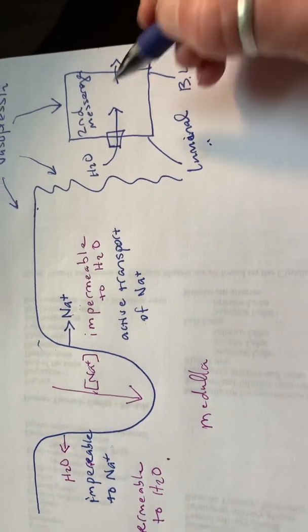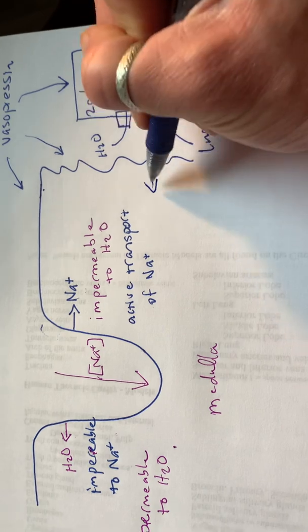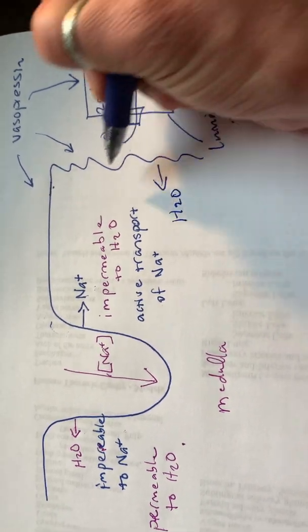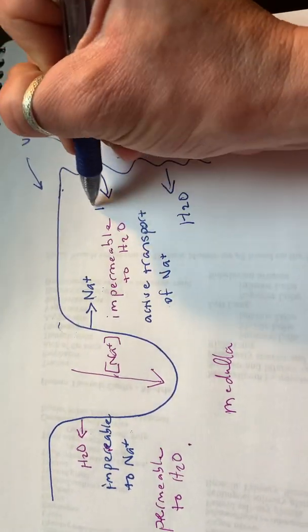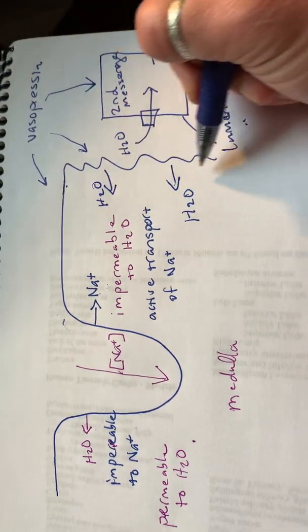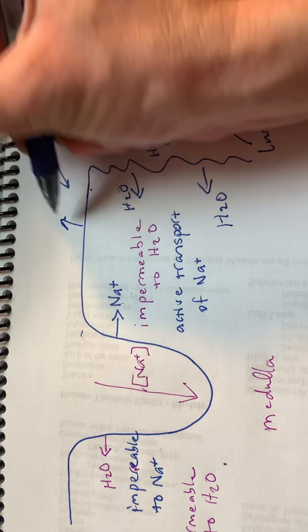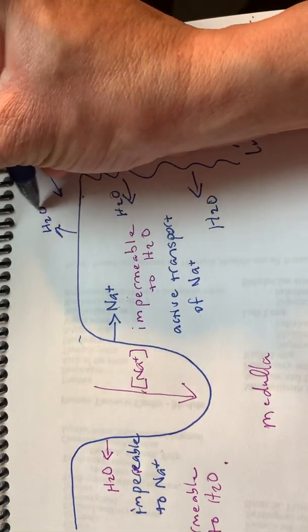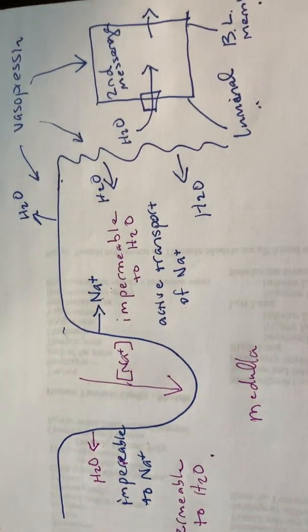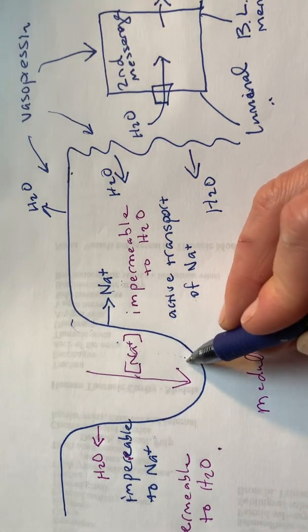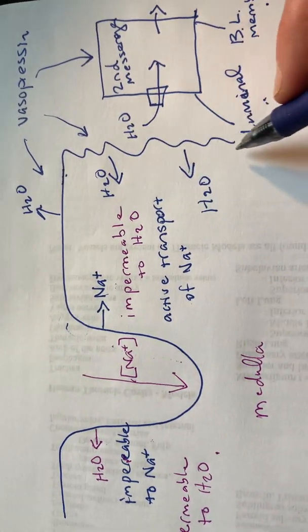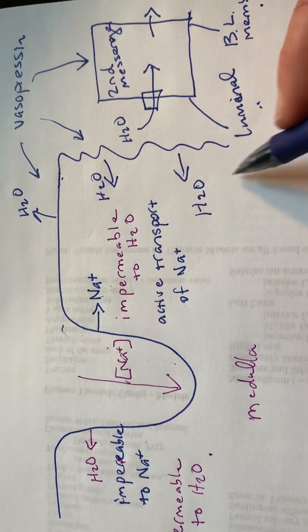And so that's going to allow water to get pulled out of our tubule, okay, our collecting tubule, and we do it also on our distal tubule. So we're pulling more water out. Now remember our vertical osmotic gradient. The further we go down, the more salty it becomes out here.